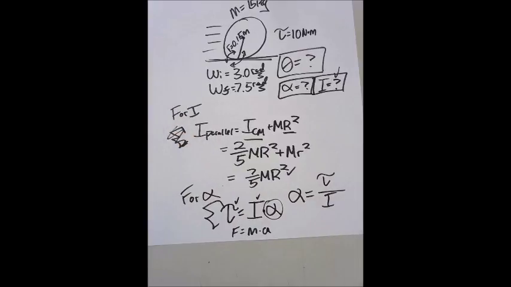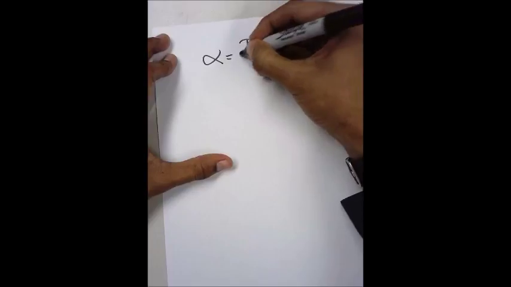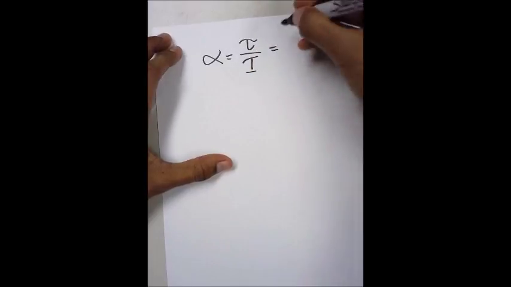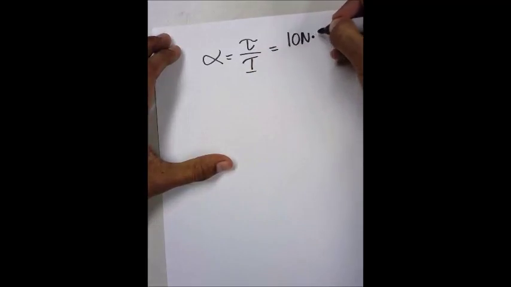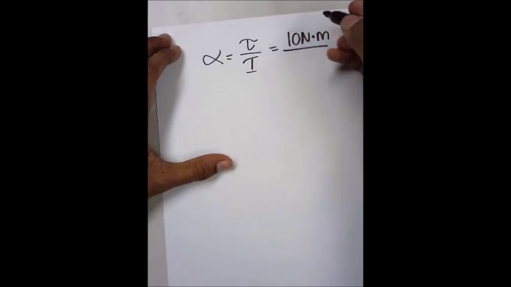Now, I'm going to have to switch to another piece of paper at this point. Alpha is equal to torque over moment of inertia. In this case, we know that the torque is a constant 10 Newton meters, and we know that the moment of inertia is, actually I'll calculate it over here.